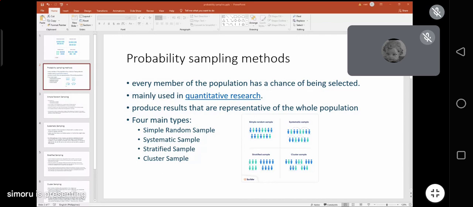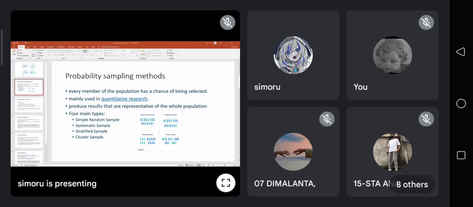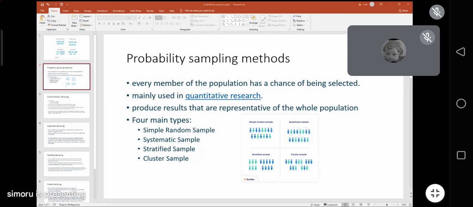So make sure to take note of the definitions, especially sample and population, the definitions of probability sampling and non-probability sampling, and the definitions of the types of sampling methods in those two. And that's pretty much it.